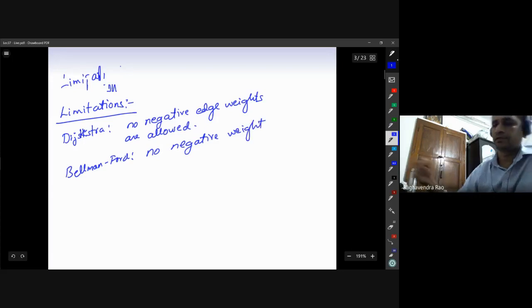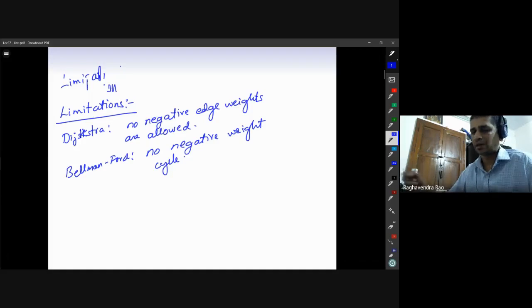The algorithm will detect if there is a negative weight cycle. So that way Bellman-Ford is more general; it even works with negative edge weights. But of course, with a negative weight cycle, there's a problem with the notion of shortest weight walks. You can run through the negative weight cycle infinitely many times, decreasing the weight of your walk. So all these algorithms will have trouble because they basically build walks. It just happens to be paths if there is no negative weight cycle, so that is why what we get are paths.